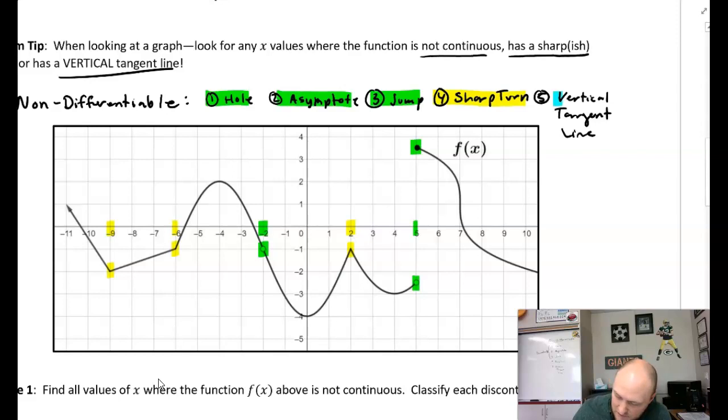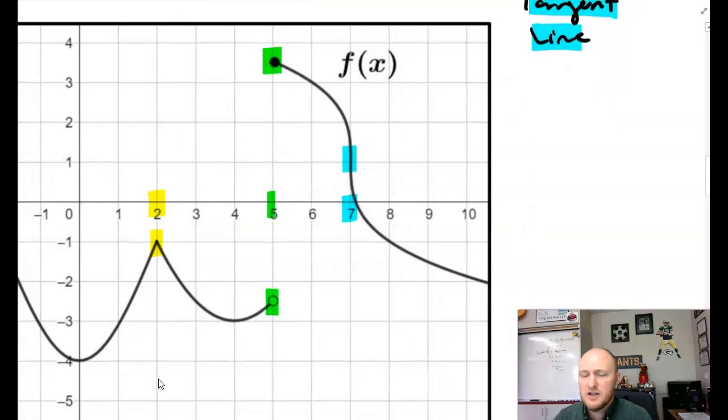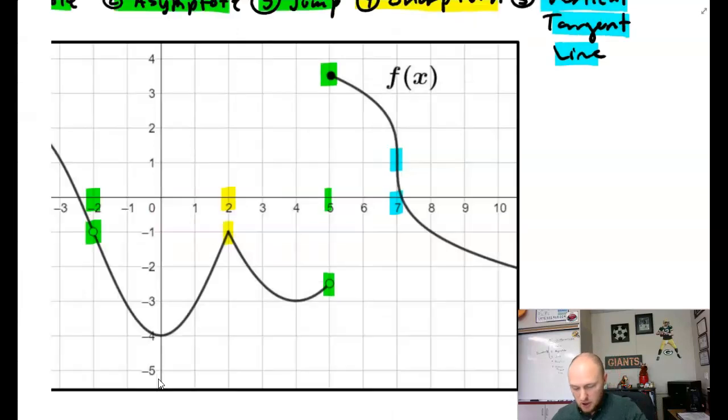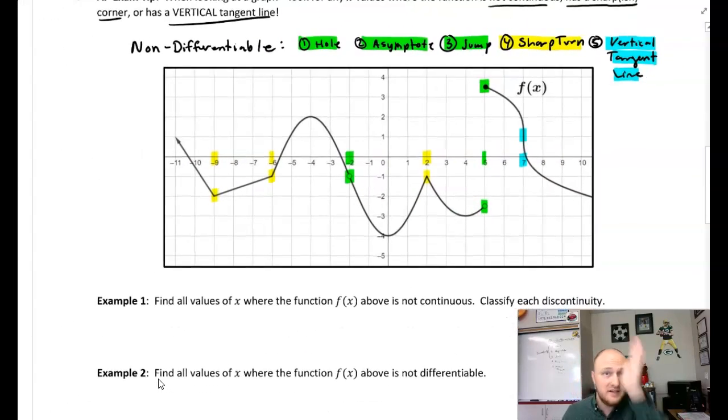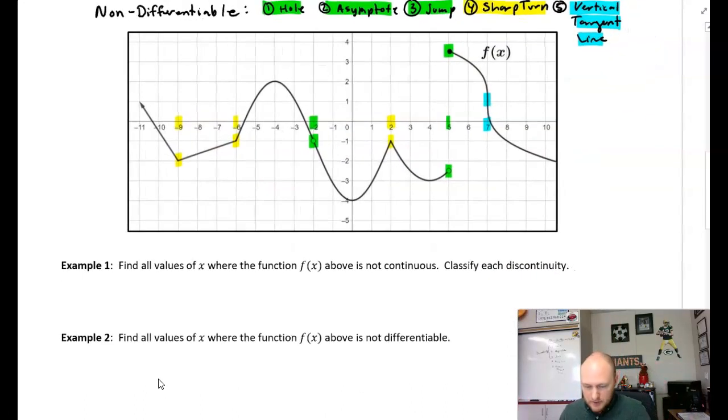The last one, a vertical tangent line. This is where our graph goes vertical, right? So if I was to draw a tangent line there, it would be a line that goes straight up and down. That's a vertical tangent line. That's non-differentiable because the slope of that is undefined. It's vertical. It's a straight line, right? No slope.